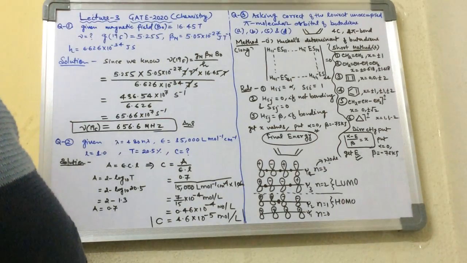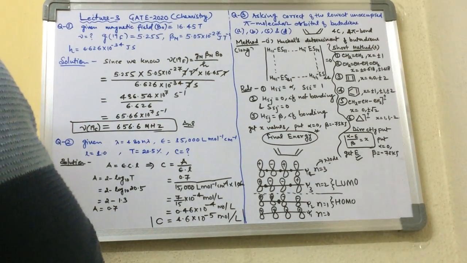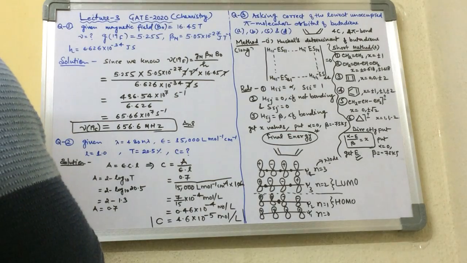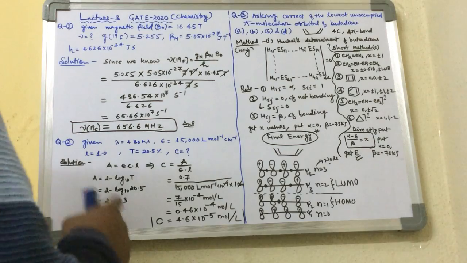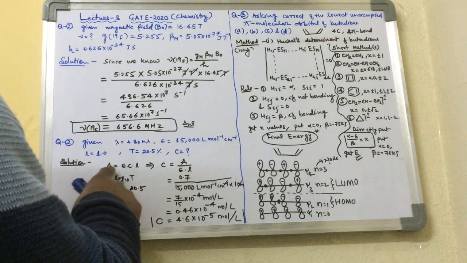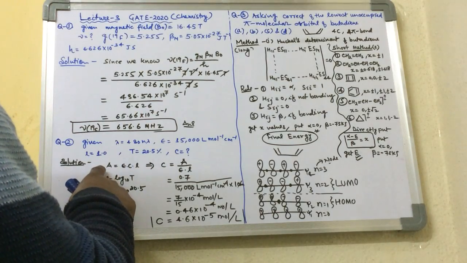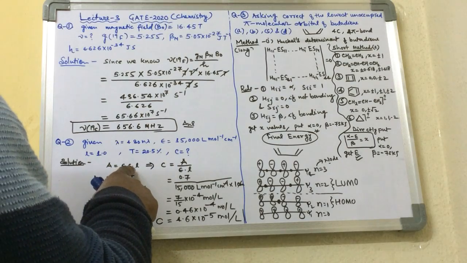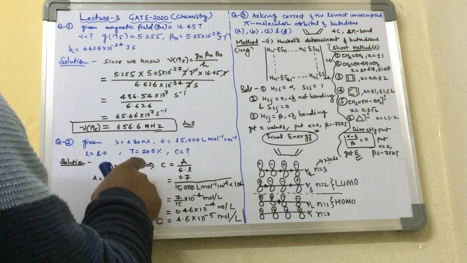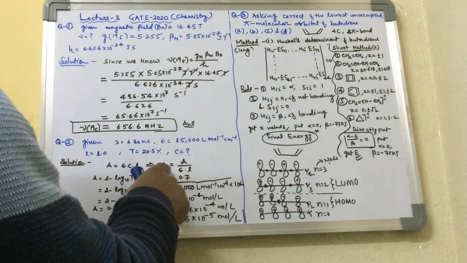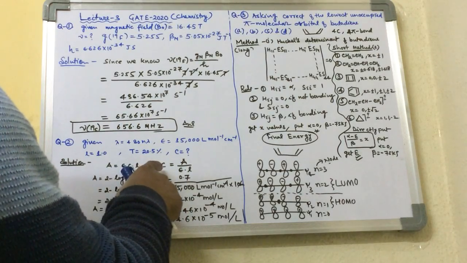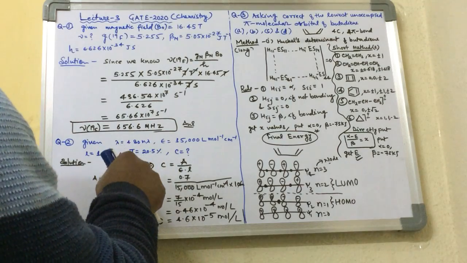So what will be the concentration in mole per liter of that metal complex? Here we simply apply the formula. As you know, absorbance is equal to epsilon into C into L, and we have to find the concentration, so we rearrange this formula.